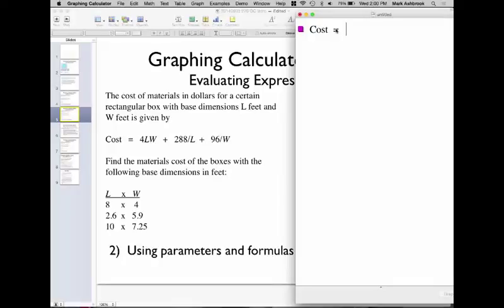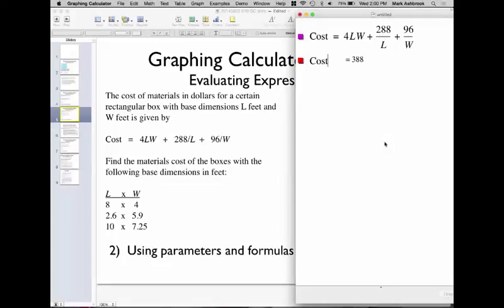So cost equals 4LW plus 288 divided by L plus 96 divided by W. Okay? So why doesn't it give us a value? Well, because this line is just defining the formula. Now if we want a value for cost, we can just, in the next line, type in capital C-O-S-T.